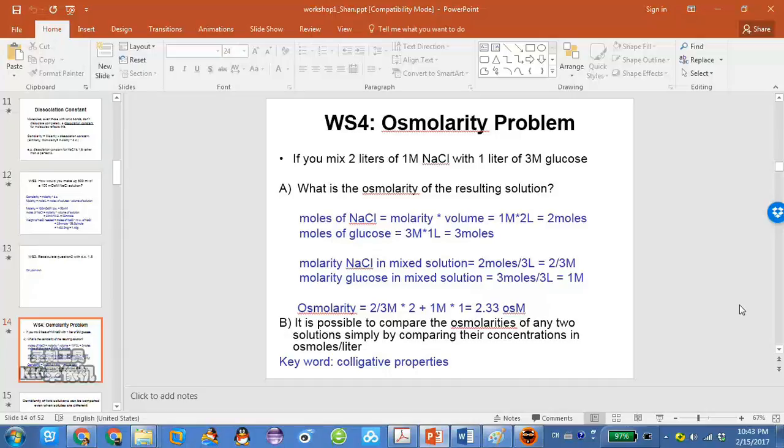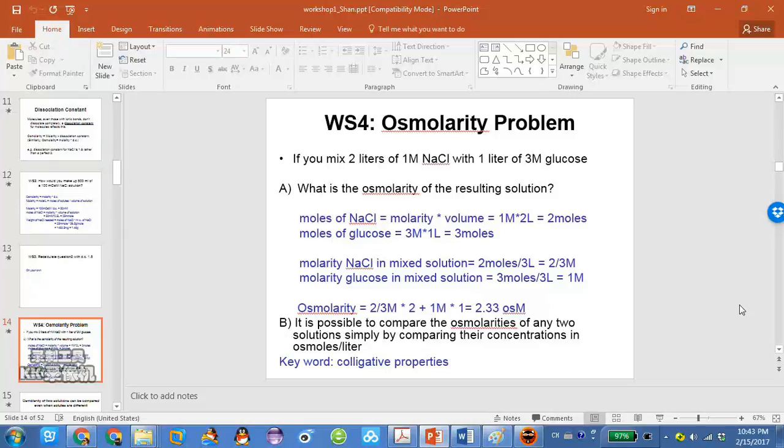That's why we can simply compare any two solutions, even with different solutes in them, by comparing the numbers of their osmolarities to tell which one has a higher osmotic pressure.